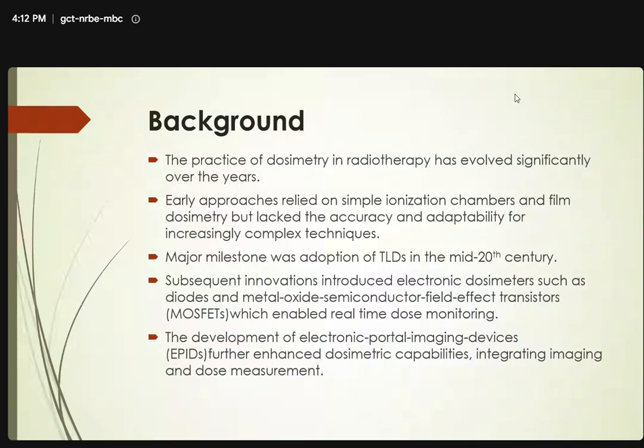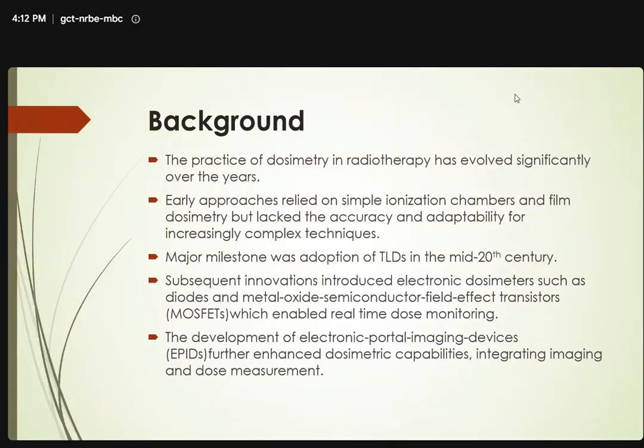So let's discuss something about the background of this in vivo dosimetry in a few slides. The practice of dosimetry in radiotherapy has evolved significantly over the years. Early approaches relied on simple ionization chamber and film dosimetry, but they lacked the accuracy and adaptability for increasingly complex techniques.